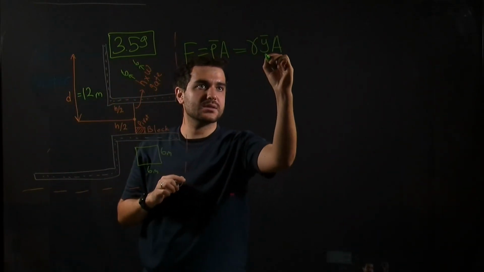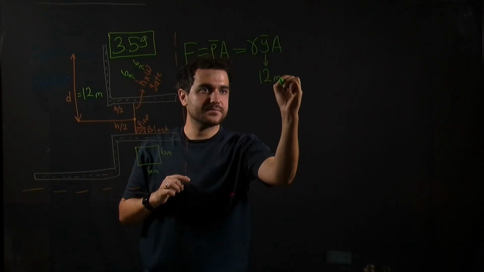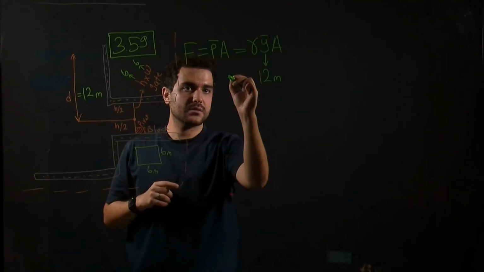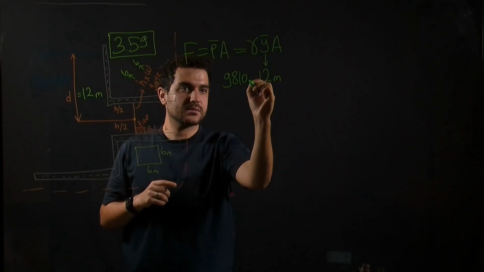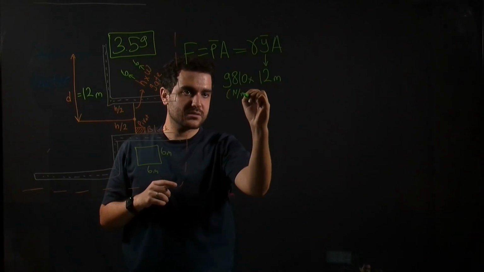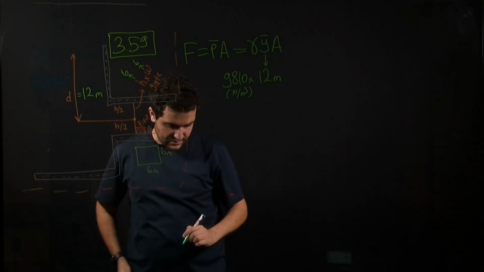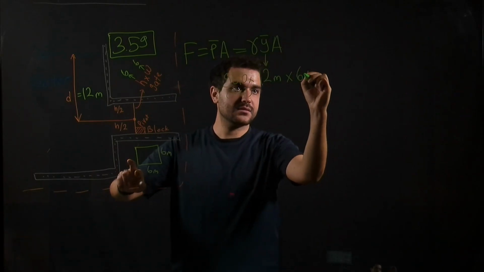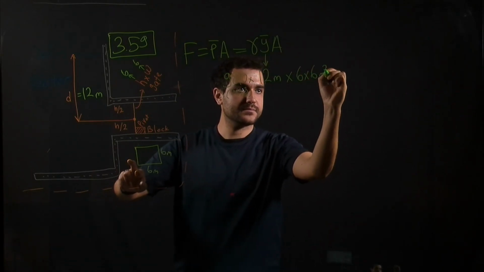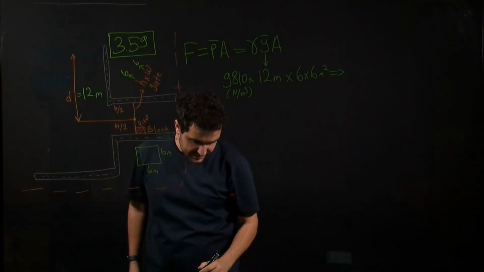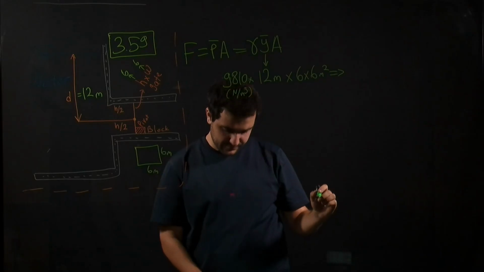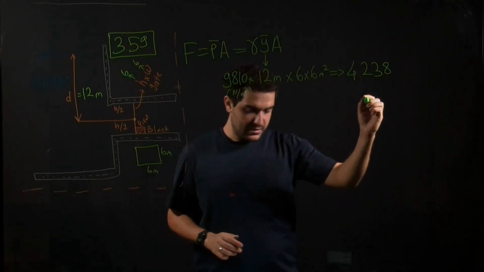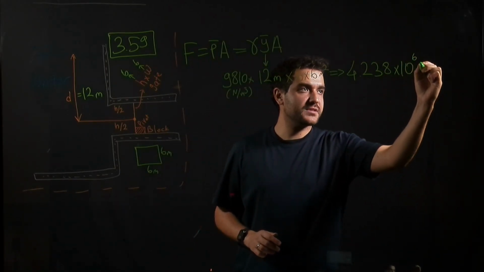So this is 12 meters. And specific weight is given, this is of course Newton over cubic meter. And the area will be 6 times 6. And from there we can get 4.238 to the power of 6 Newton.